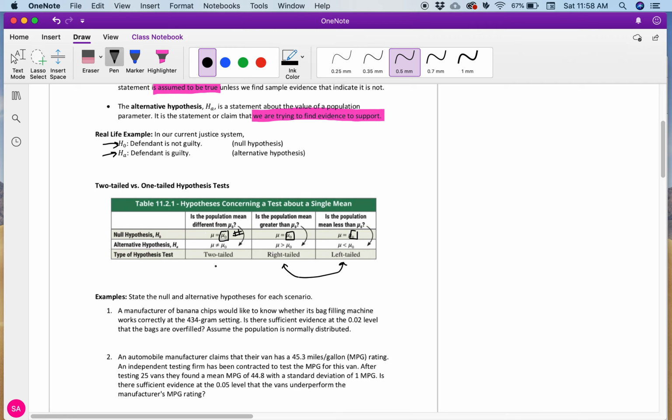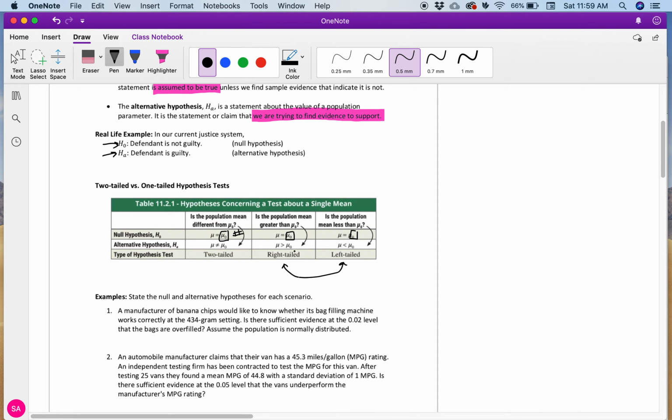But then if you look at the alternative hypothesis, this is where things change. And again, it all depends on the wording given to you in the problem, which is why we'll be doing 3 examples below. We could have an alternative hypothesis where we believe that the mean is actually different from the proposed or claimed value.